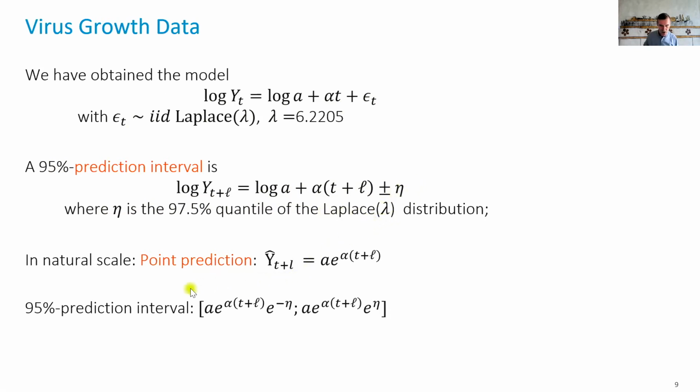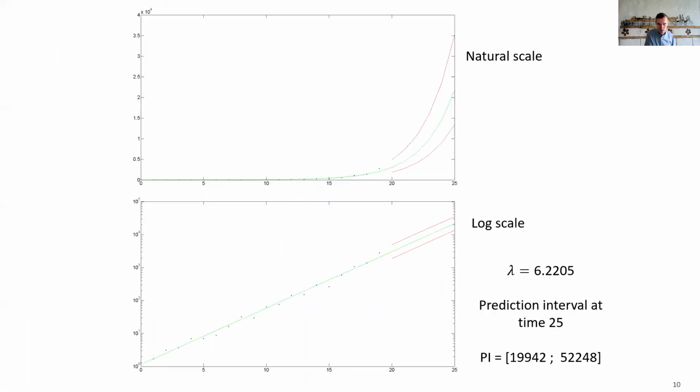And that will give us a prediction interval for the log. And if we want a 95% prediction interval, we take the exponential, because the exponential function is an increasing function. So if log is between those two bounds, the true value is between the exponential of the two bounds, which gives me this here.